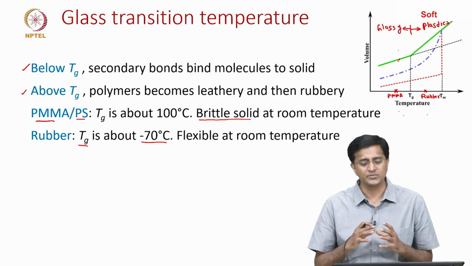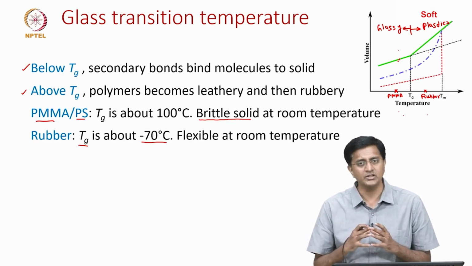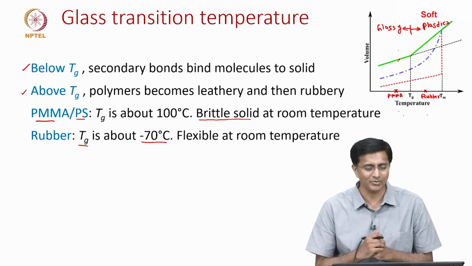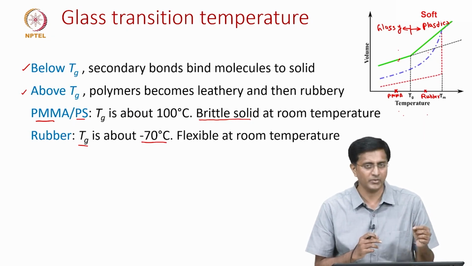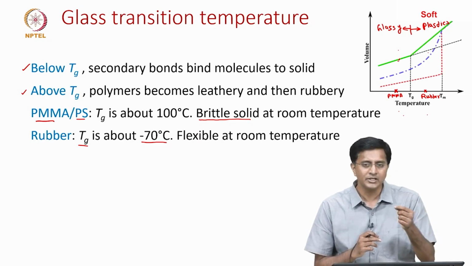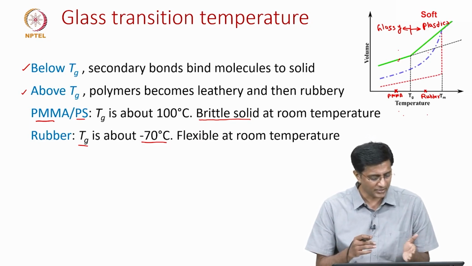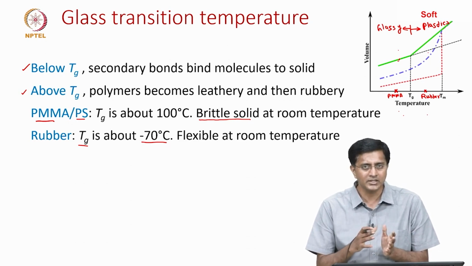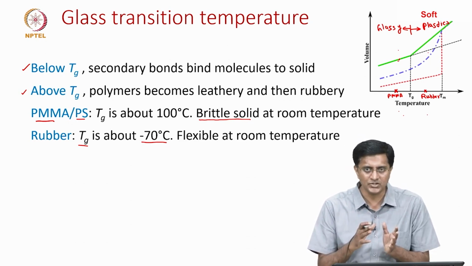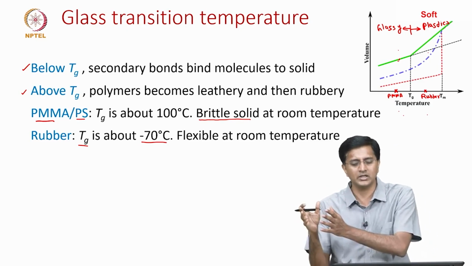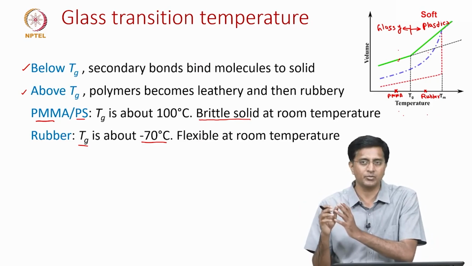Here let me also explain what happens if you change the temperature of PMMA as well as rubber. We have seen how PMMA behaves at room temperature, but if I keep heating the same PMMA or plexiglass, when it reaches Tg of around 100 degrees, that is when the glass transition happens, meaning it goes from the solid glassy state to the leathery or rubbery state.